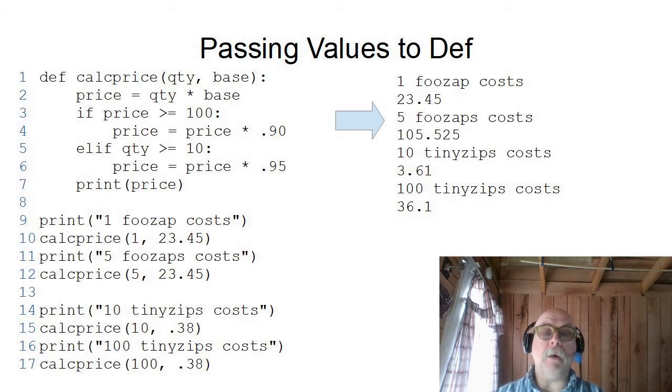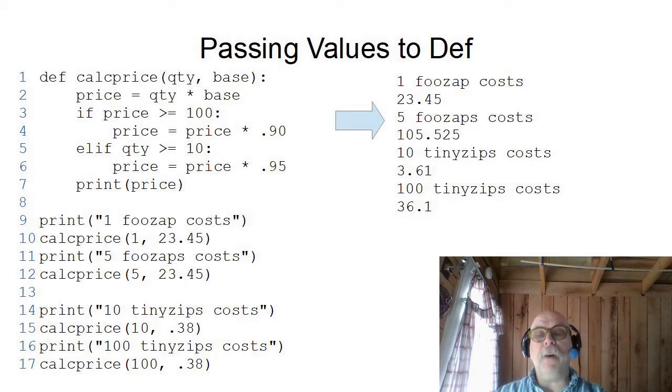But because we give them a discount of 5% if we sell greater than or equal to 10, that's what it says on line 5, you can see the discounted price is not $3.80, but $3.61. And because we bought 100 tiny zips, we're still under the $100 range, so we only get the 5% discount.